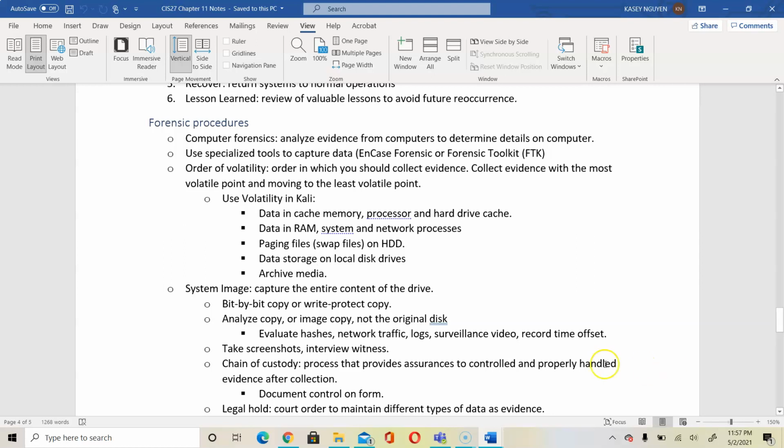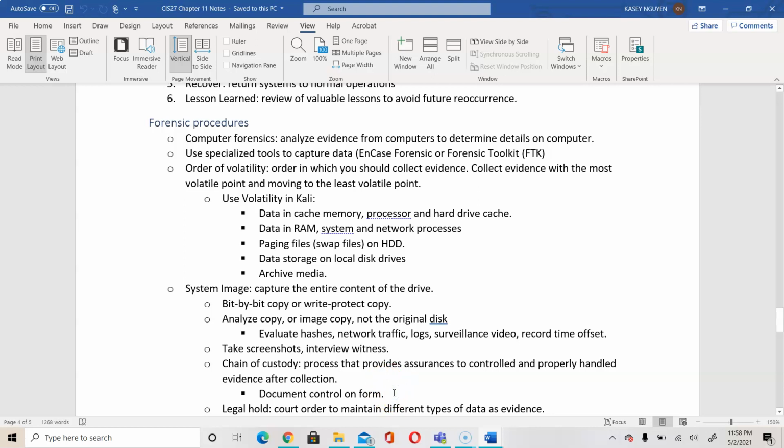And this is a process that provides assurances to control and properly handle the evidence after collection. So it requires that we document when things were collected, how it was collected, who is collecting the information, and as it passes hands, we would then document who the evidence is going to, where it is stored, how it is stored, and so on.